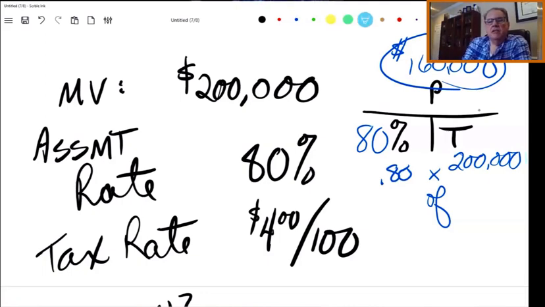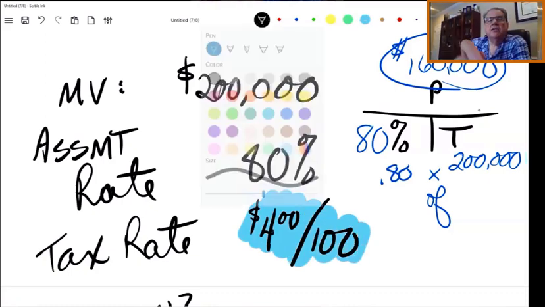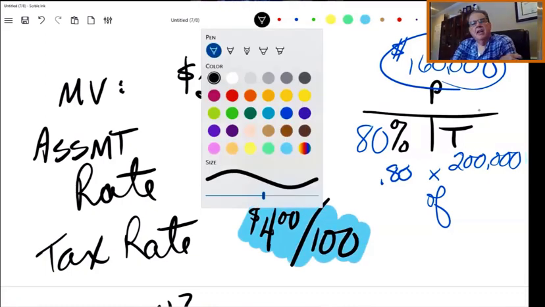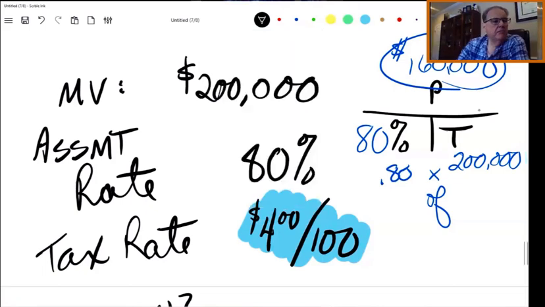Now, this is irritating me. This $4 per 100, that's a tax rate, right? But it's not in a nice, happy, conventional format like I want to see. I want to see the actual tax rate.